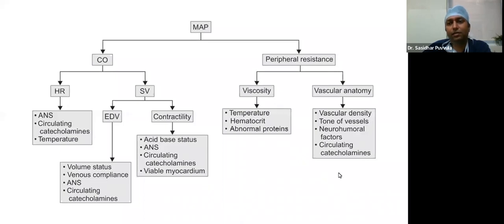These neurohormonal factors, especially sympathetic tone and arteriolar contraction, are affected by multiple factors, such as in sepsis, where due to release of a lot of inflammatory mediators, there will be vasodilatation and reduction in peripheral vascular resistance that can cause hypotension and shock.